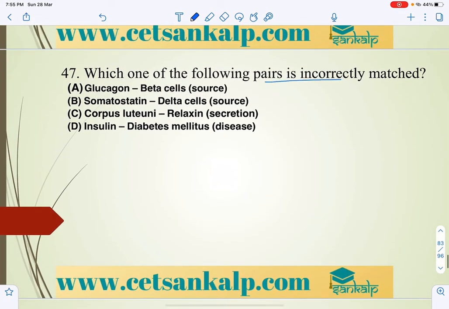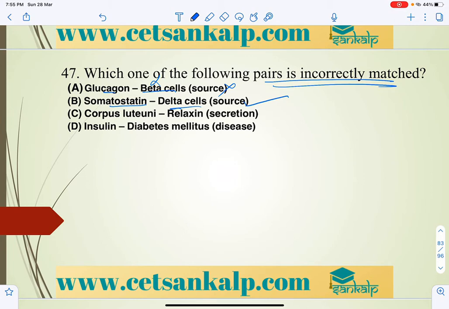Which one of the following pairs is incorrectly matched? Right, so incorrectly matched: glucagon, beta cells, right? Generally here we can say that the alpha cells produce glucagon. Somatostatin, delta cells is correct.